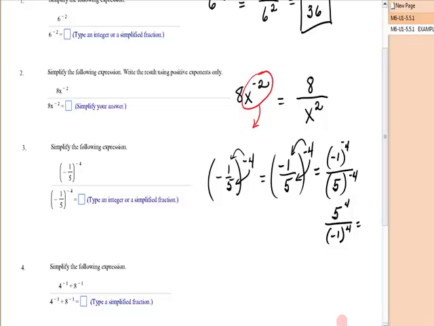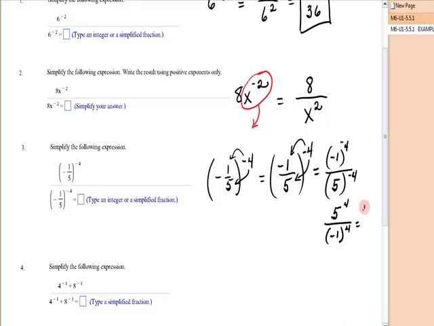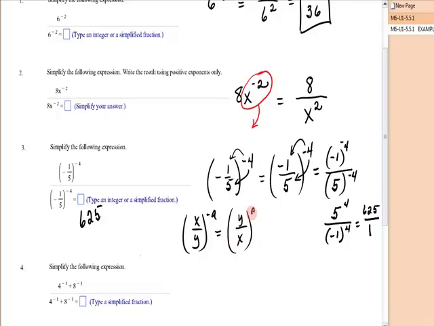So that is 625 over negative 1 to the 4th power, which is 1. Your answer will be simply 625. One other thing you could say about that is anytime you have a fraction raised to a negative power, it is the reciprocal of that fraction, both of them moving, raised to the positive power. But you could do it this way.